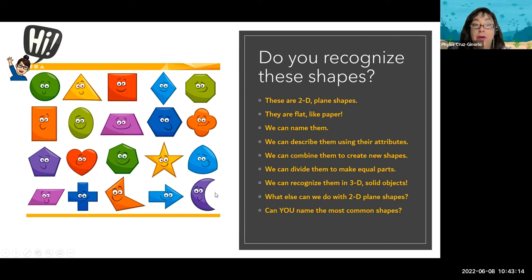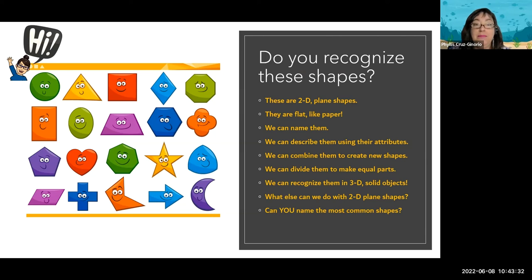But I do know this one, the yellow one. Do you know the orange one? Do you know the purple one? How about this yellow one? I bet you know the names of these shapes.